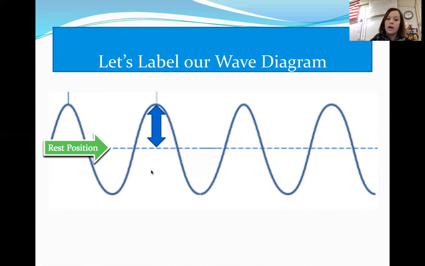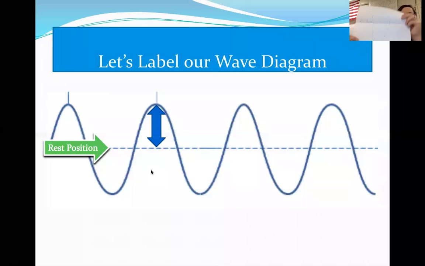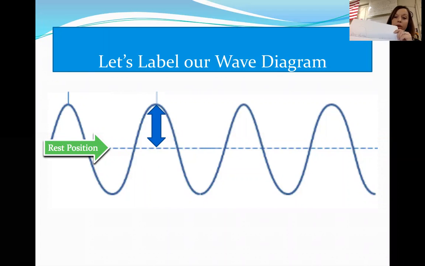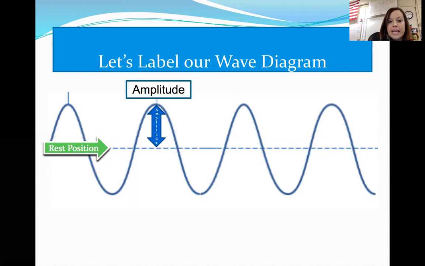Okay. The next thing we're going to measure is this blue arrow. Notice it does not go from the top all the way to the bottom of the wave. It only goes from the top to the middle or even the bottom to the middle, okay? But from the peak or the crest of the wave to the middle, that has a name and we call it amplitude, okay? If you can't see my tiny letters inside the arrow, I also put it above.